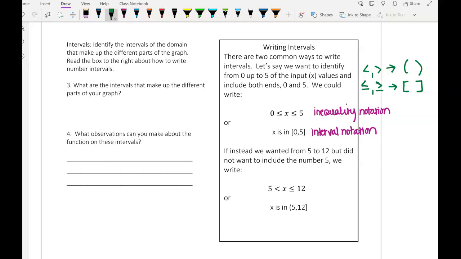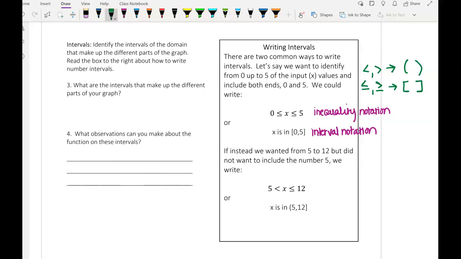And when you have something like in the middle of our graph where you change functions, you can't have that number included in both the quadratic and the linear function. It has to be included one side or the other. So you have to make that decision. So what are the intervals that make up the different parts of your graph? Well, you told me that the change happened at 20. So from 0 to 20, we have one function.